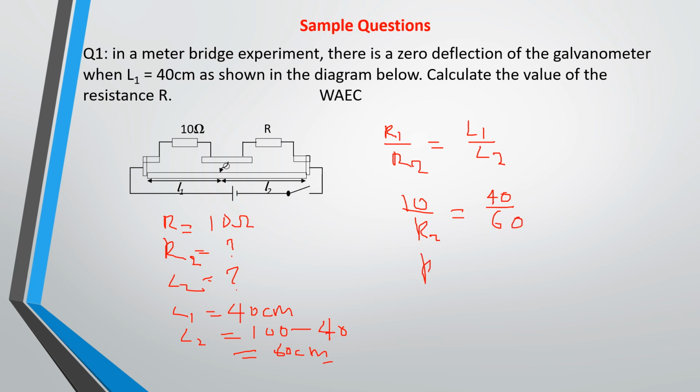So R2 will be equal to 60 multiplied by 10 over 40. Okay, so by the time you work that out, your R2 will be equal to 15 ohm.